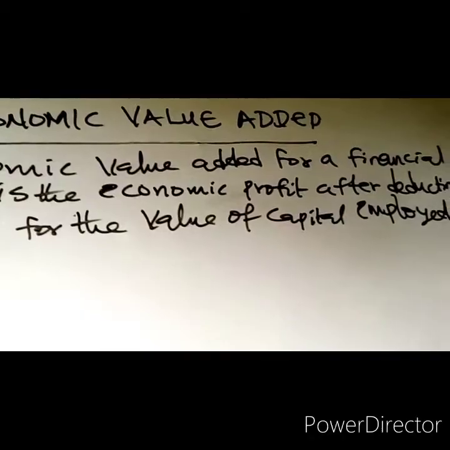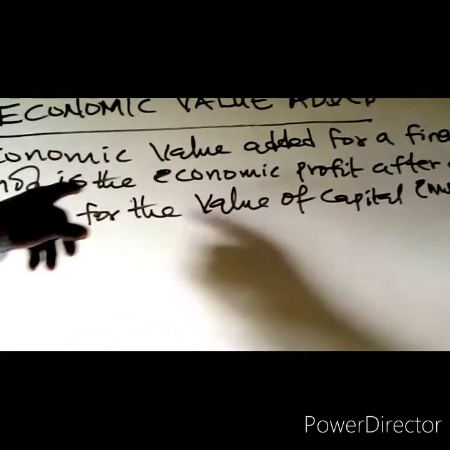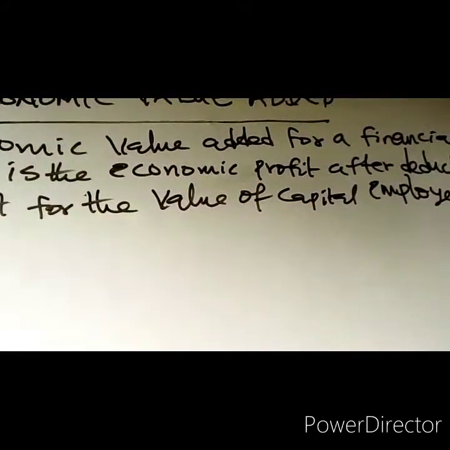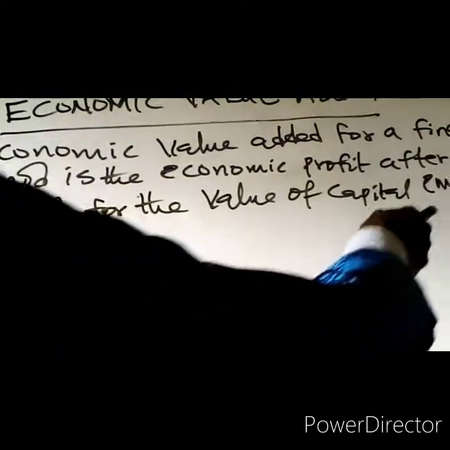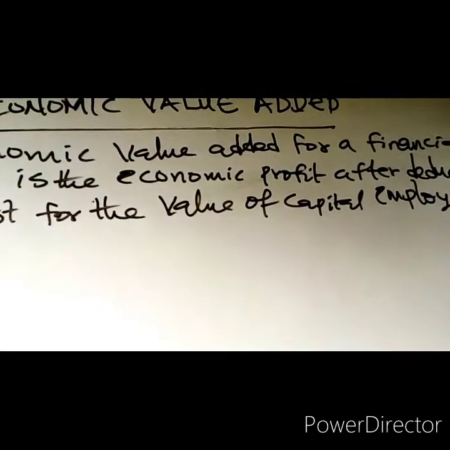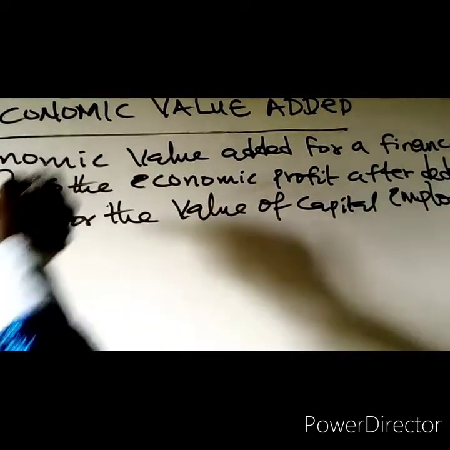Economic value added for a financial period is the economic profit after deducting a cost for the value of capital employed. Meaning that you are going to use economic profit.